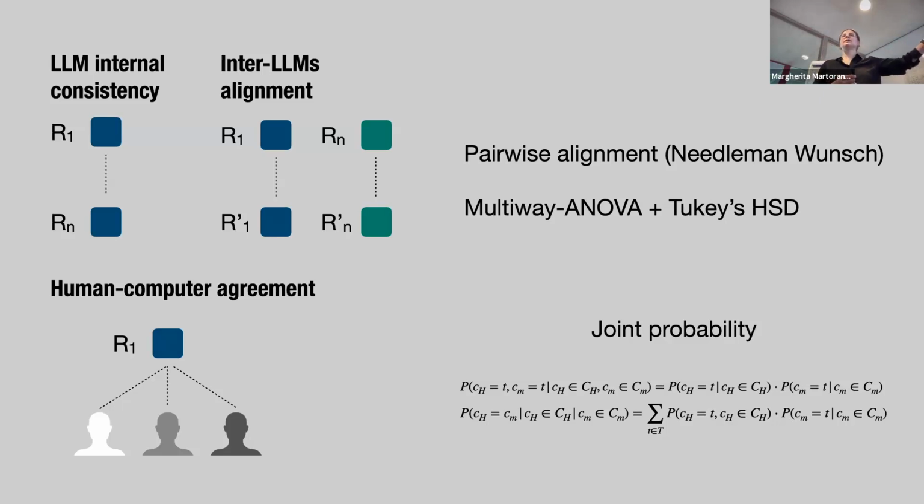Here, the assumption is that even human-made annotations might differ because people might have different views. So we could consider the annotation from an LLM right if it's the same as at least one of the humans. It's a slightly different way of looking at agreement.